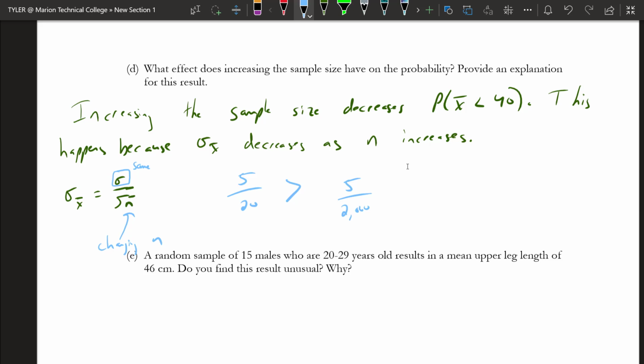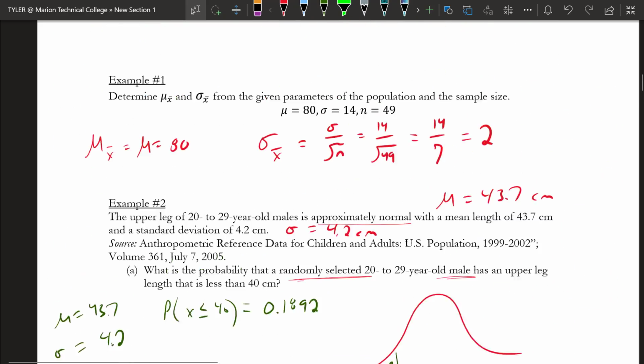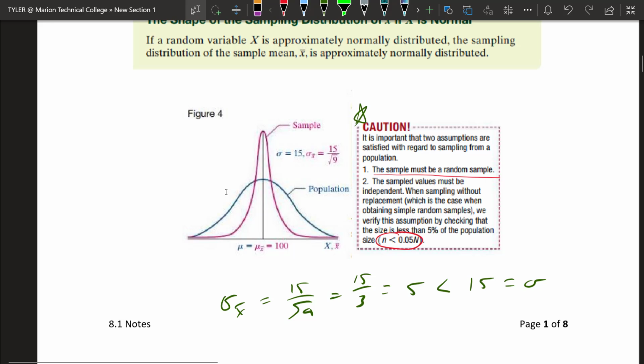And then if you think about what happens to your distribution shape, like here, this blue line has a bigger standard deviation. The pink line has a smaller standard deviation, right? So when you get a smaller standard deviation, your graph's going to be taller and skinnier. So what's this area that I'm shading in red going to be?